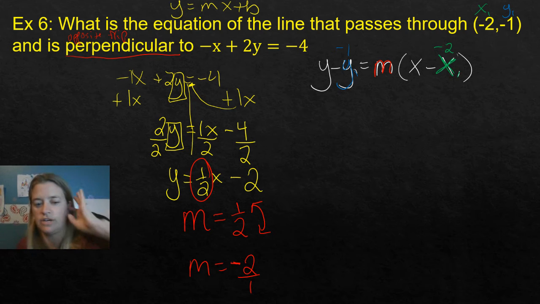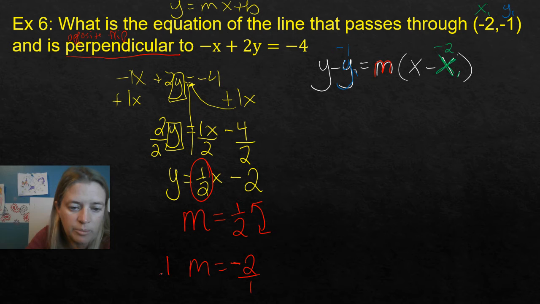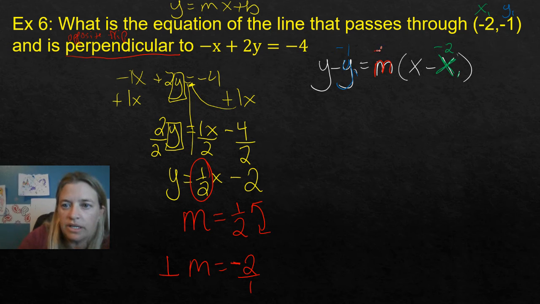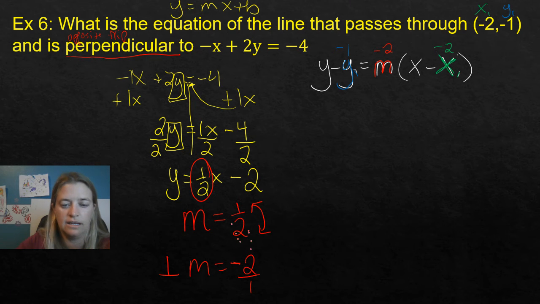But we know 2 divided by 1 is just negative 2. So this would be the slope of a perpendicular to that equation. So we're going to plug in negative 2 there, because the slope has to be the opposite and the flip.